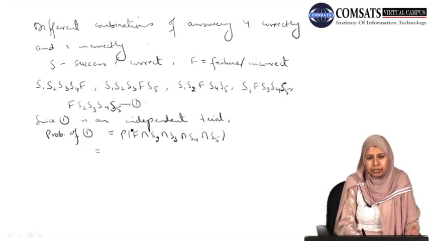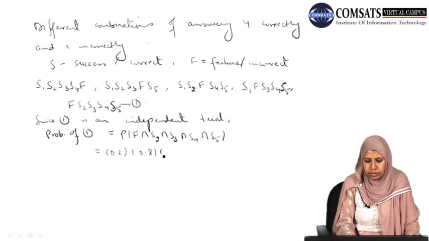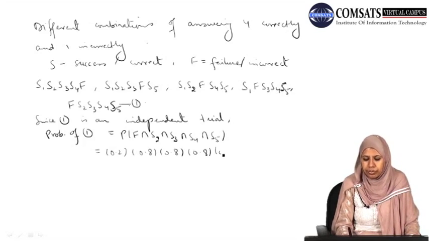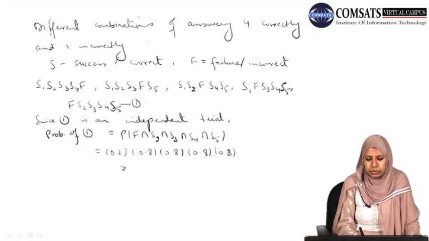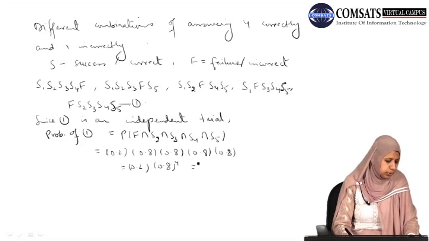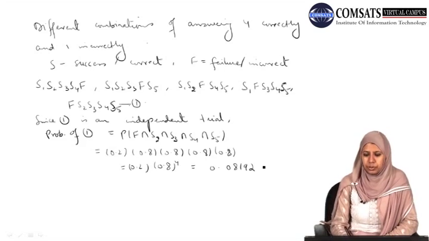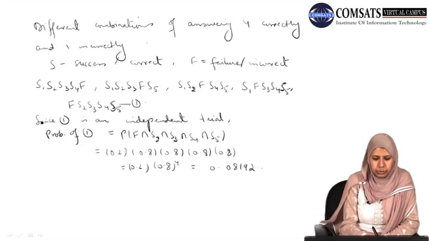That is, the probability when the first question is incorrect is 0.2, for the second one 0.8, for the third one again 0.8, for the fourth one correct, and the 5th one correct is 0.8, which is equal to 0.2 into 0.8 to the power 4, which is 0.08192.